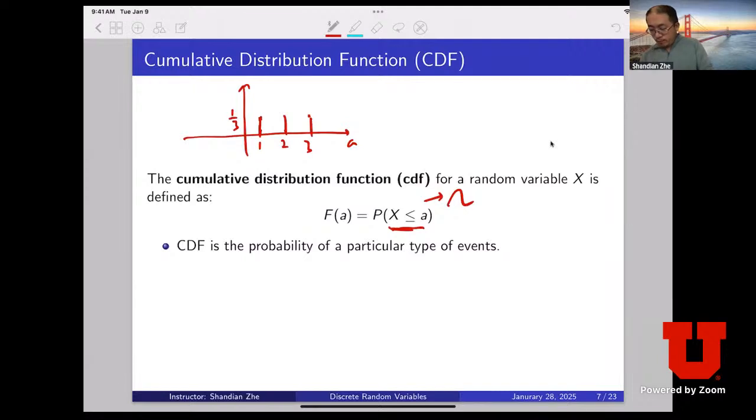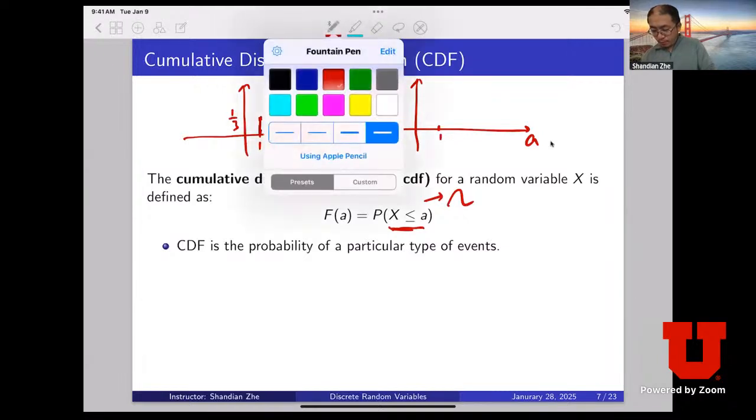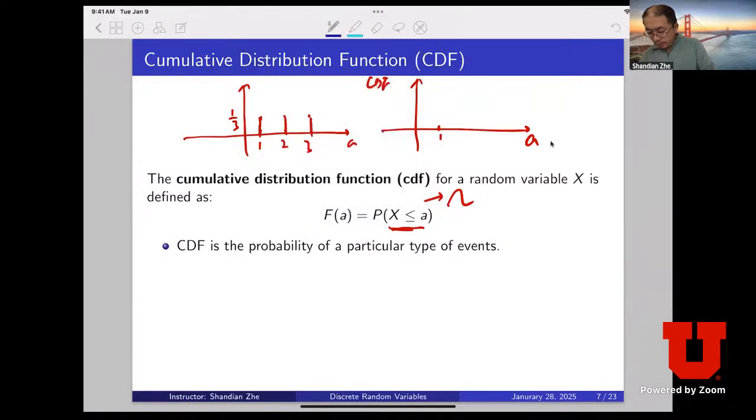But if you look at the CDF, you see that before 1, it will be simply 0. Why?